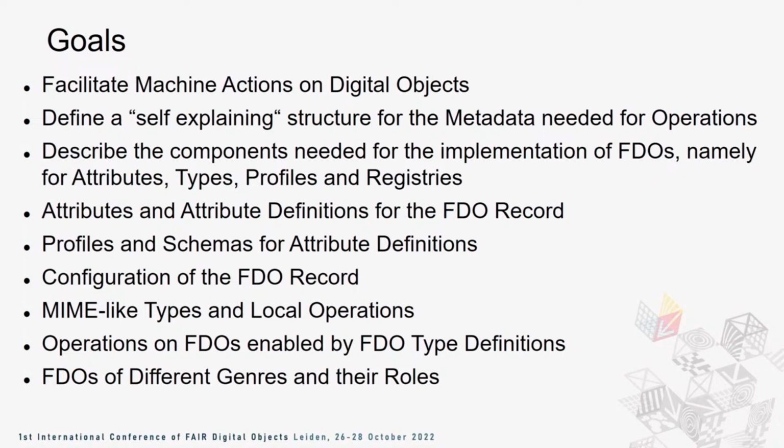And for this, we need an infrastructure. And we decided to describe this infrastructure with the following components: the attributes, types, which are a special kind of attributes, profiles, and registries. The attributes need some way of definition. We need a way to make understandable what an attribute is and what the values for this attribute actually can be.